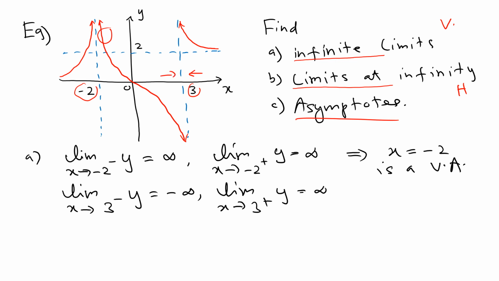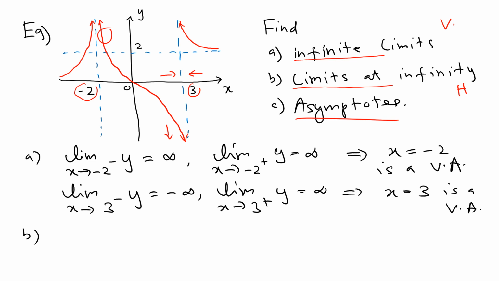When you go from the negative side, it goes to negative infinity. So that means again it goes to infinities. So again you don't need both. Only one is enough. But we have both. So you can see again x equals 3 is a vertical asymptote.